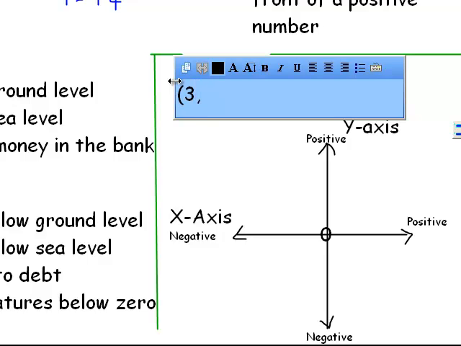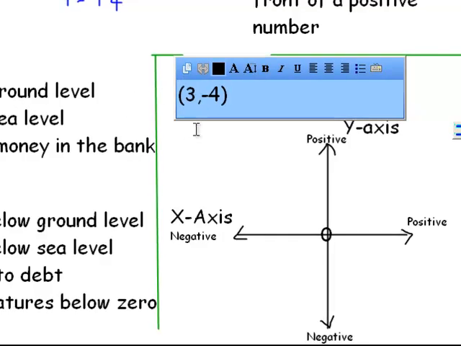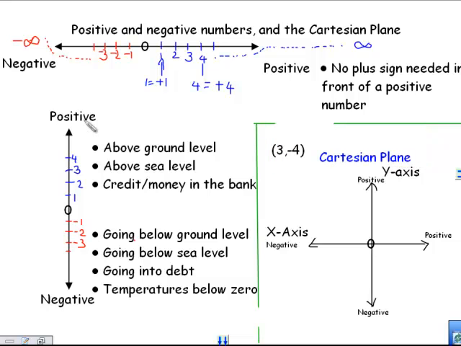You can depict any pair of numbers somewhere onto this Cartesian plane. So let's look at the coordinate pair of 3, -4. The only thing you need to remember is that the first number in this coordinate pair is the number that goes on the x-axis, and the second number is the number that goes on the y-axis.